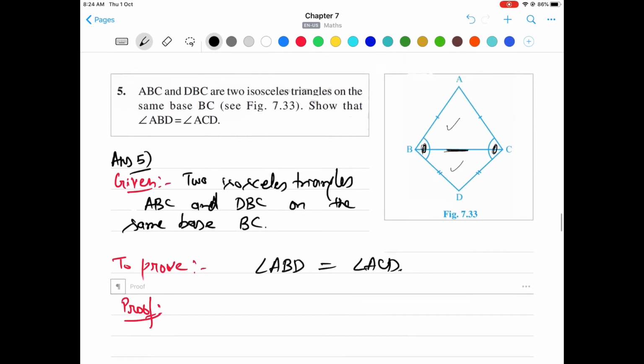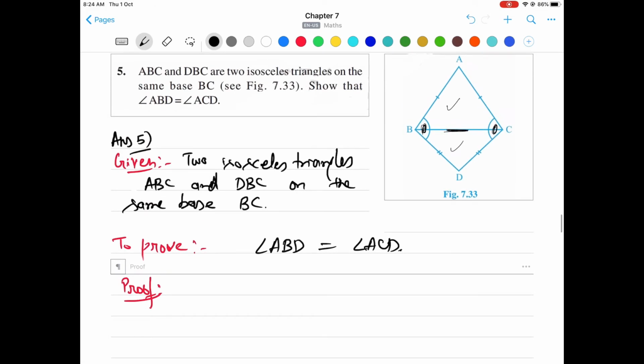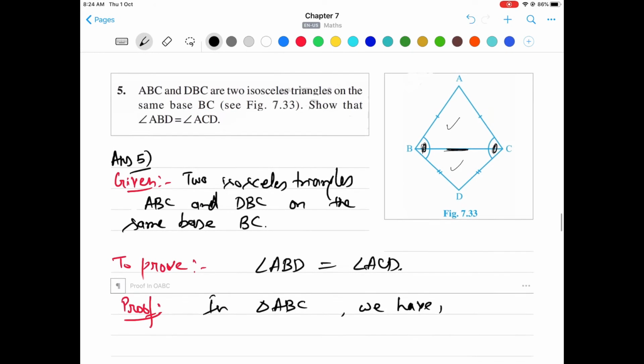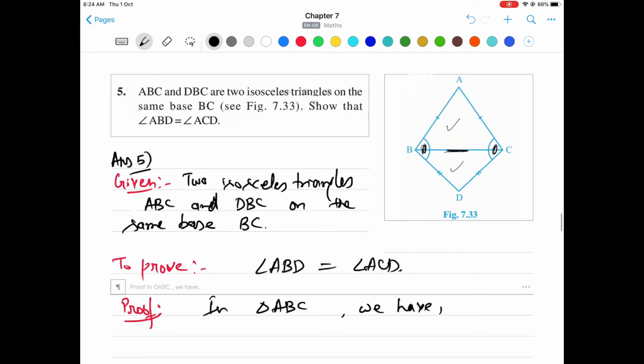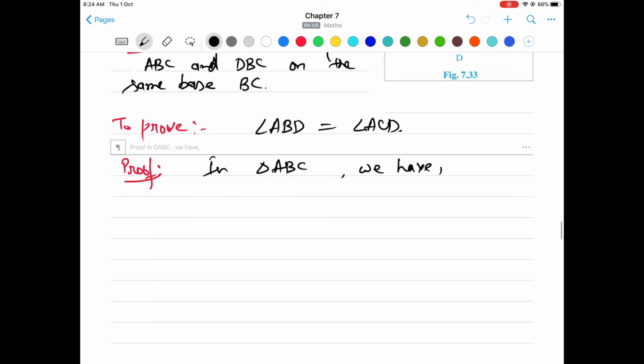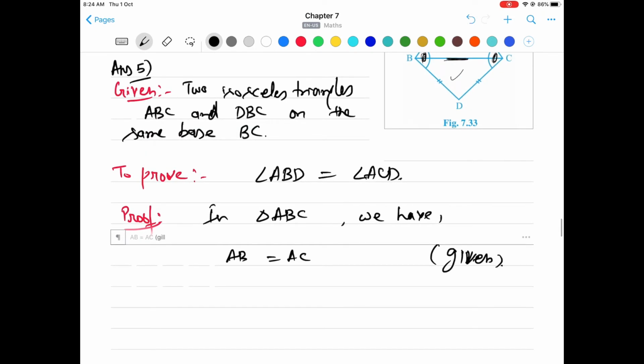Proof here is, we'll start with triangle ABC. In triangle ABC, since it is an isosceles triangle, it's given that these two sides are equal. In triangle ABC we have AB equals AC. This is given, since ABC is an isosceles triangle.